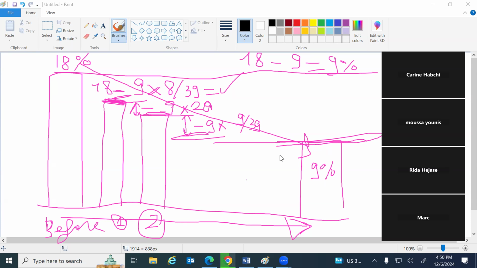So to make sure that you don't have calculation error, you can do the calculation here. So this is 3. And after subtracting minus 9 times 2/39, you should reach 9%. Okay?